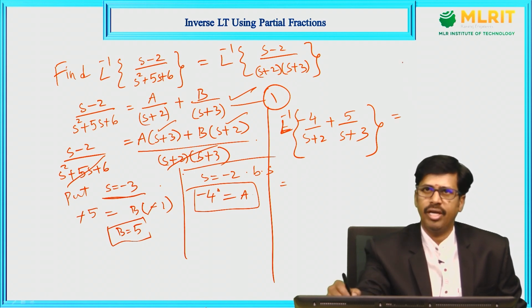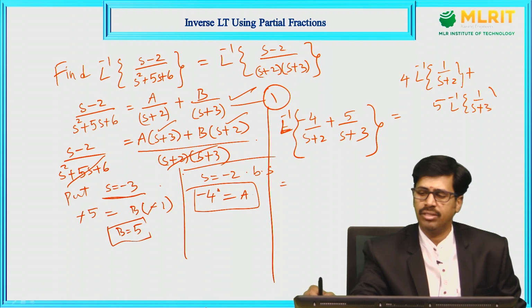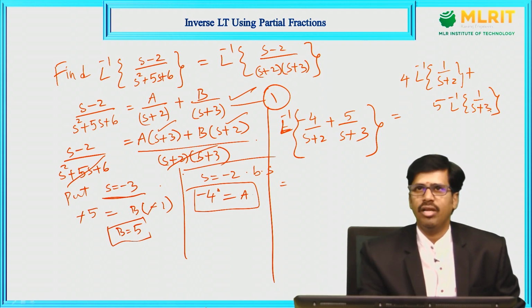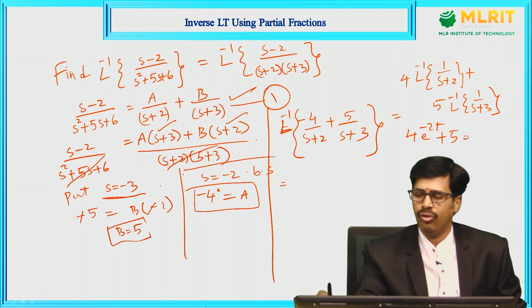Also can be written as, we take 4 outside, L inverse of 1 upon s plus 2, plus 5 into L inverse of 1 upon s plus 3. We know that L inverse of 1 by s plus 2 is e power minus 2t. So, this can be written as minus 4 into e power minus 2t plus 5 into e power minus 3t.